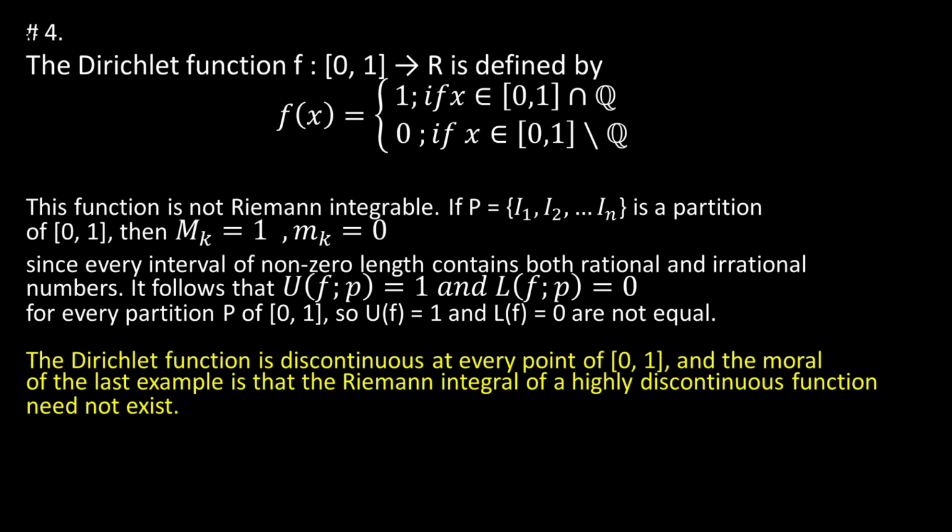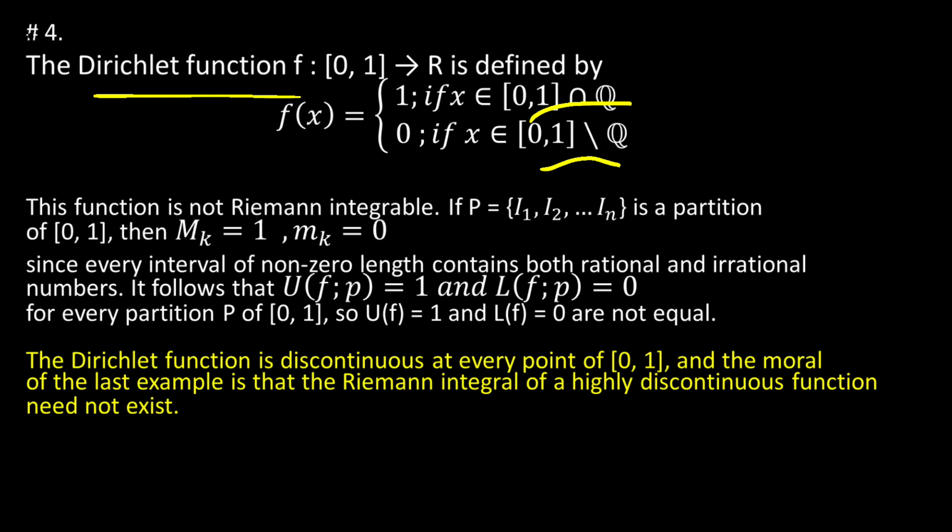Okay, the last one is a very important function which we call the Dirichlet function. It is defined as 1 for rational numbers, and 0 for irrational numbers.